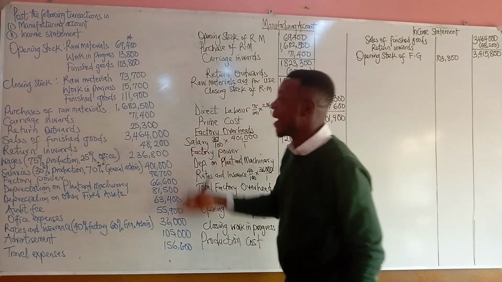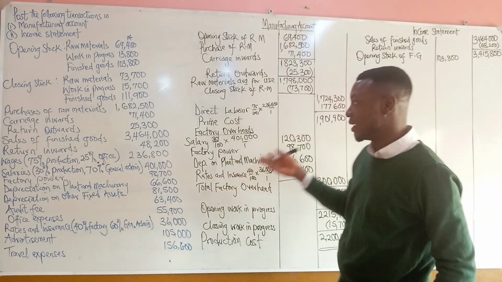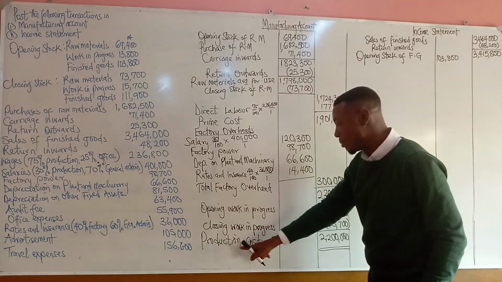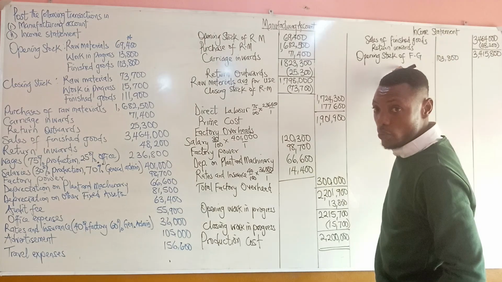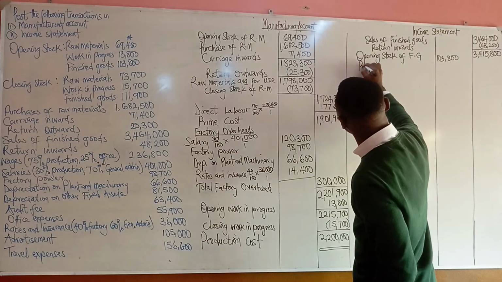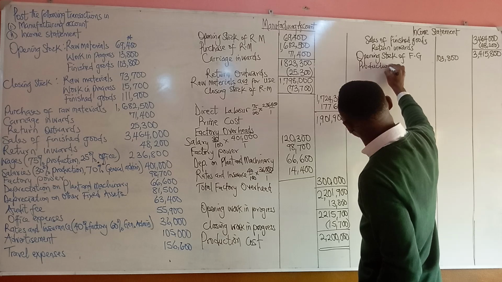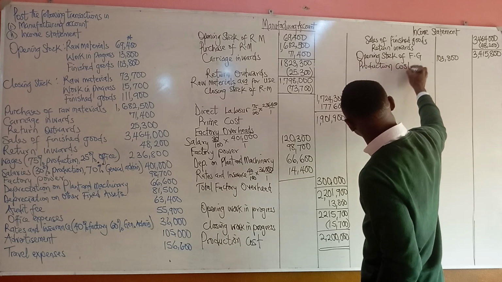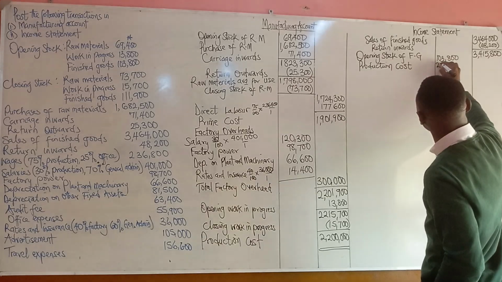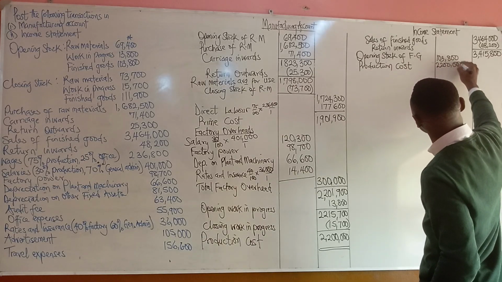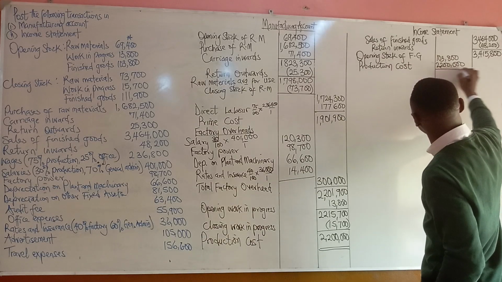Now, we did not buy any additional goods to add with that, so we are not putting that. Then you bring this production cost and add it to the opening stock. So this will be production cost, which is 2,200,000. We'll add this together.